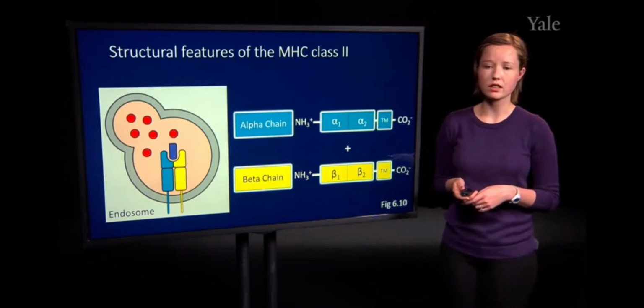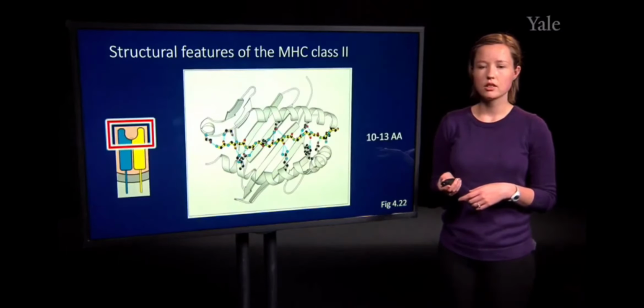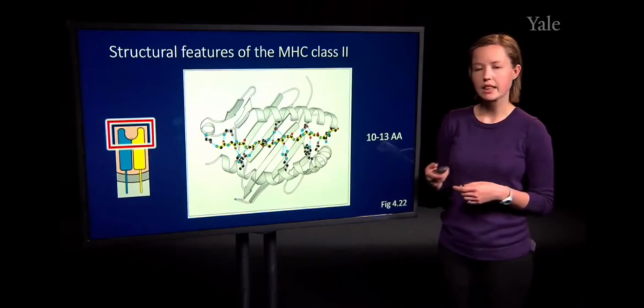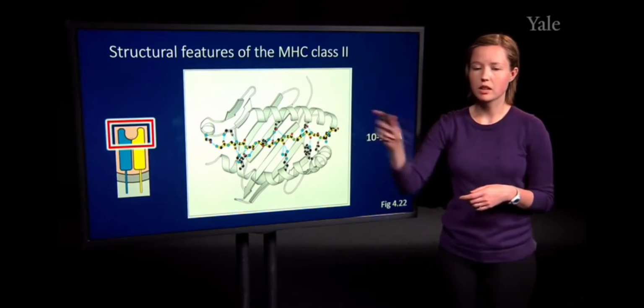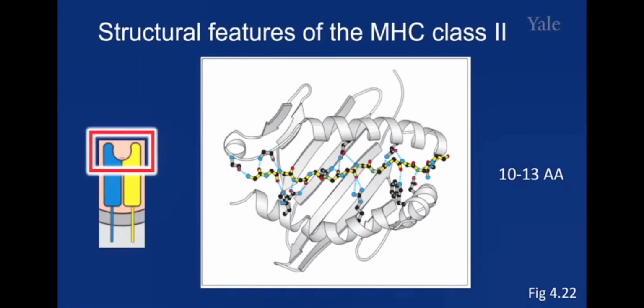So when we look a little bit closer at this peptide binding groove, which is highlighted by this box right here, once again, this is a top-down view, we can see the interaction of this yellow peptide with the peptide binding groove, which is shown in gray.